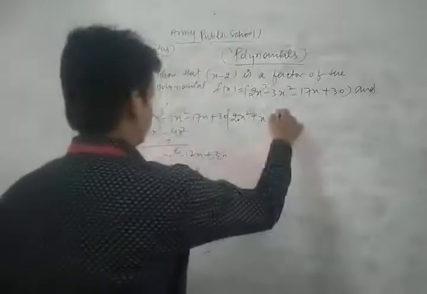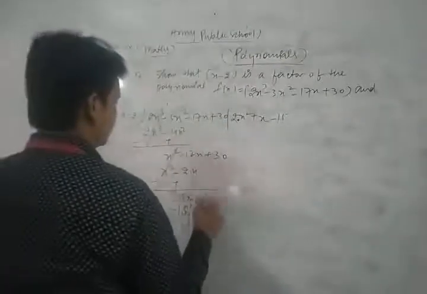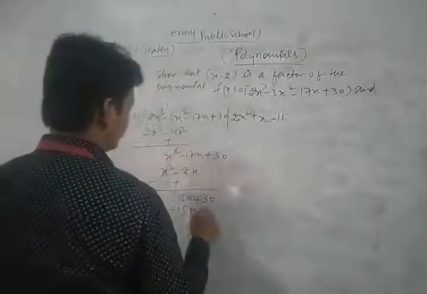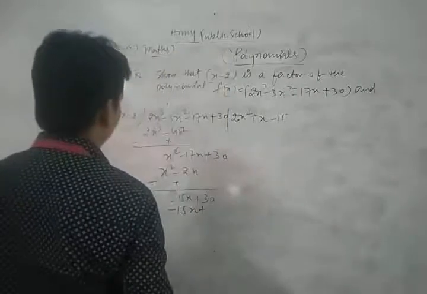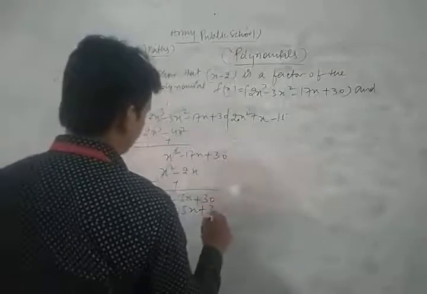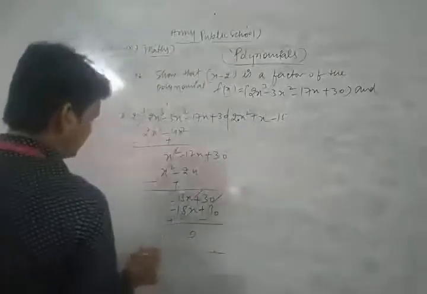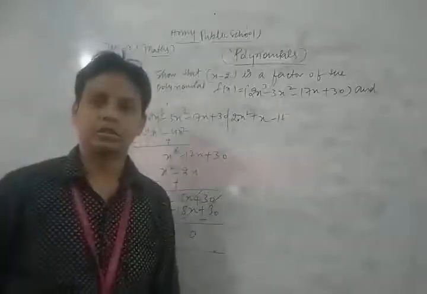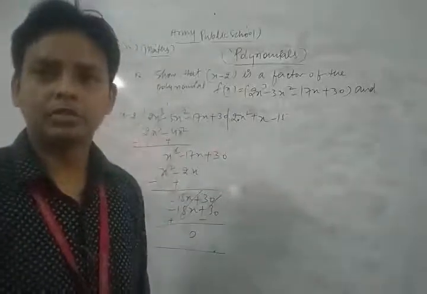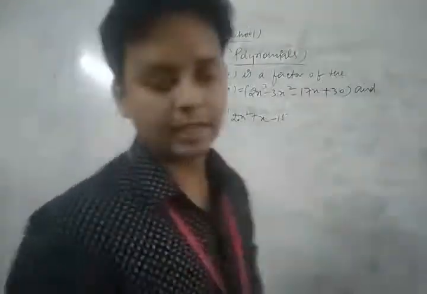Now we take minus 15 times, so minus 15x plus 30. Now minus plus cancel, so these terms cancel, so the remainder becomes 0.